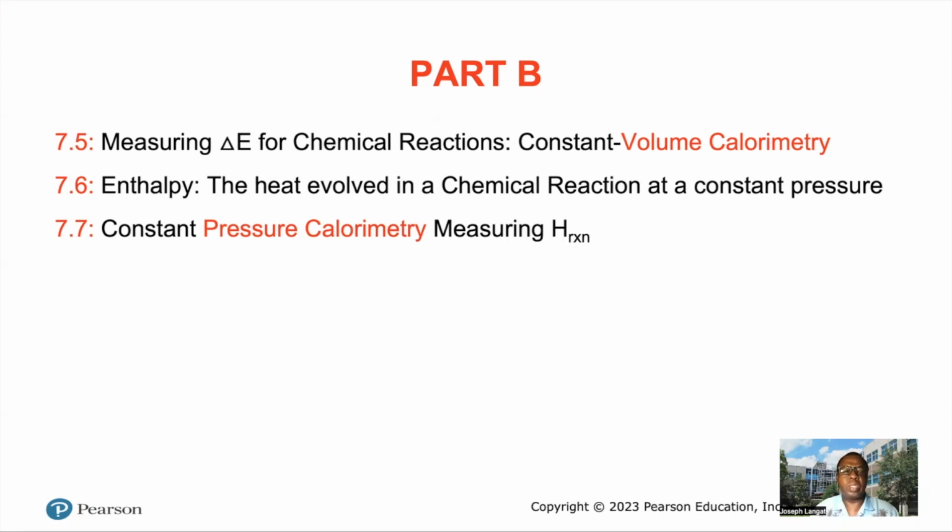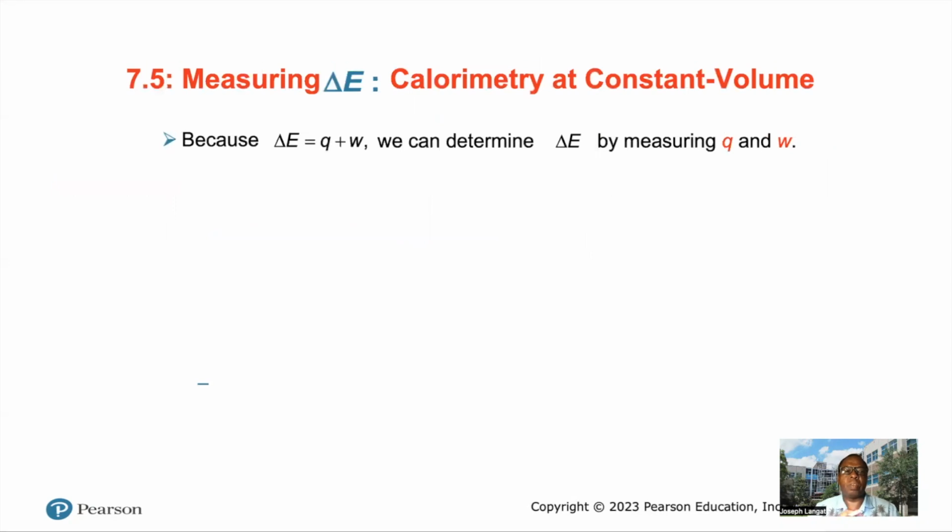Without wasting much time, let's look at section 7.5, measuring change in internal energy. Remember, E stands for internal energy of the system, which is the sum of potential energy and kinetic energy of the system. Calorimetry is the study of heat given off by a reaction.